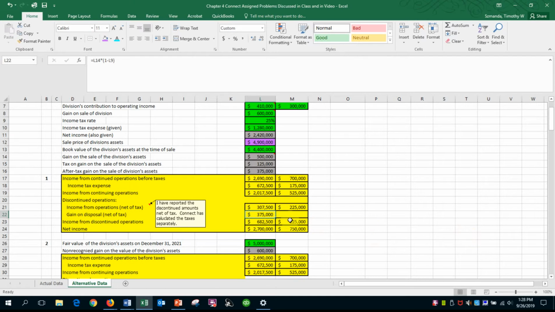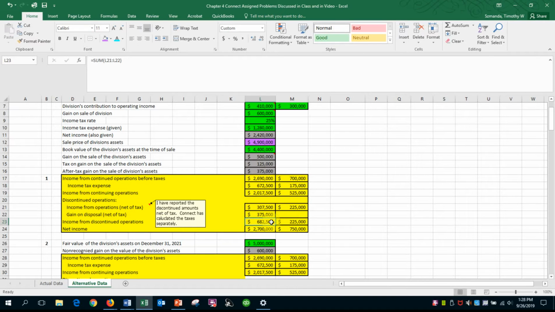All right, so now we've got our after-tax income from the discontinued component, as well as the after-tax gain on the sale. So we have income from discontinued operations, which is the sum of these two components, at $682,500.